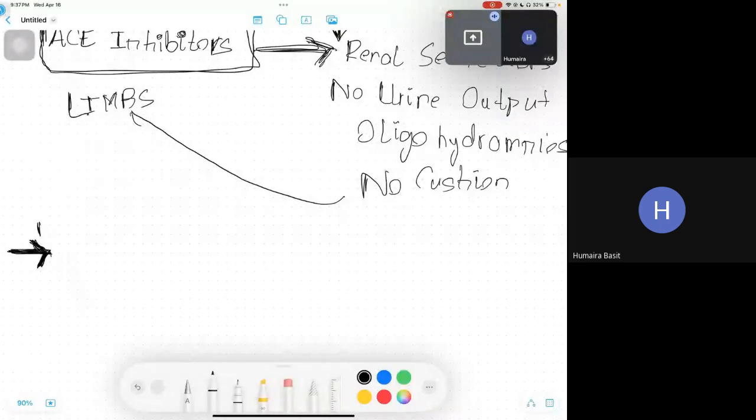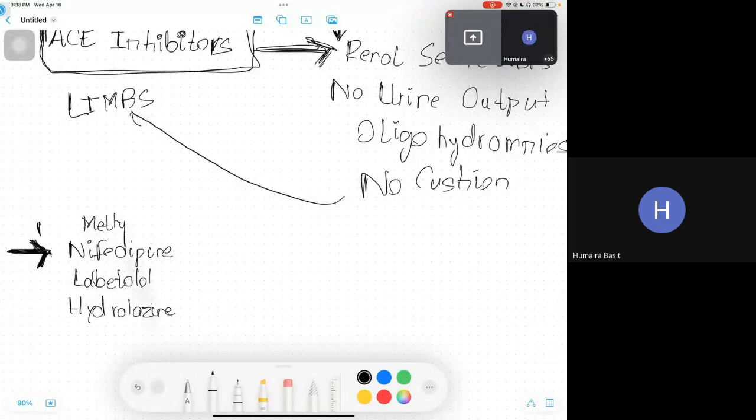So we give nifedipine in pregnancy. We can give labetalol. We can give hydralazine. We can give methyldopa.